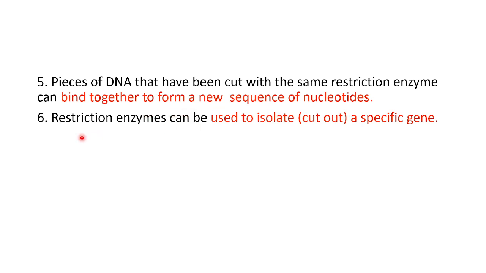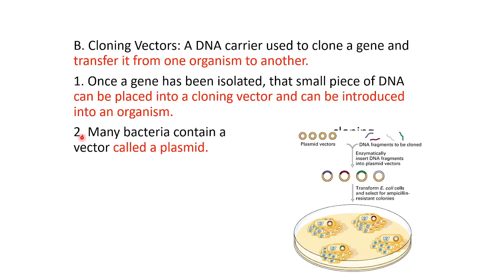When you are designing your DNA, you should have the restriction sites present there, cut these DNA segments with the same restriction enzymes, and then join them using an enzyme called DNA ligase. So these restriction enzymes can be used to isolate or cut out a specific gene.